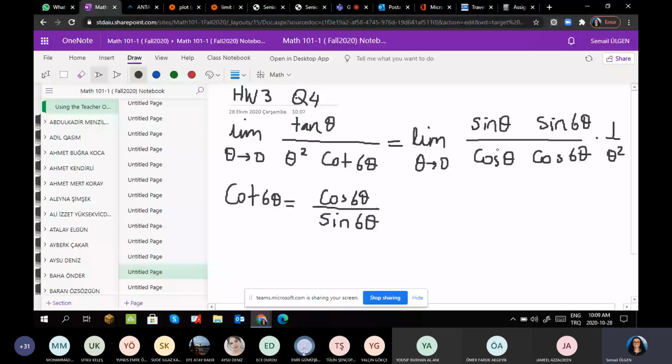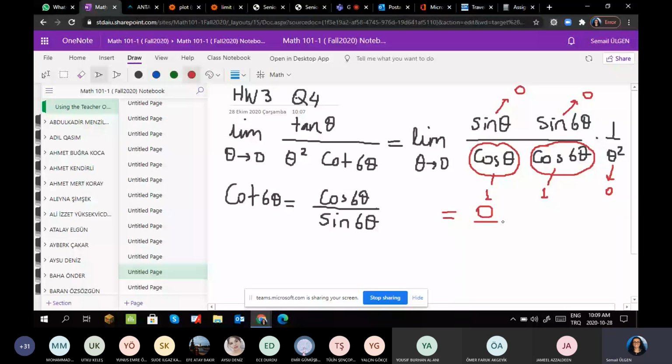Now, if you see, cosine 0 is 1, no problem with that. And cosine 6 theta is going to go to 1, no problem with that. But the problem is, as theta goes to 0, this is going to go to 0, this is going to go to 0, this is going to go to 0, and this is going to cause this thing to be 0 over 0.